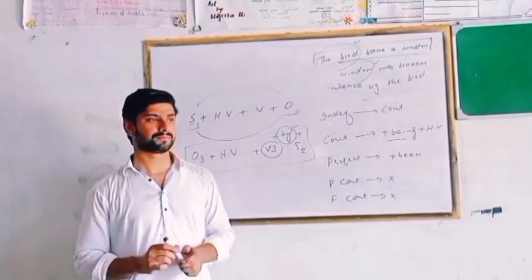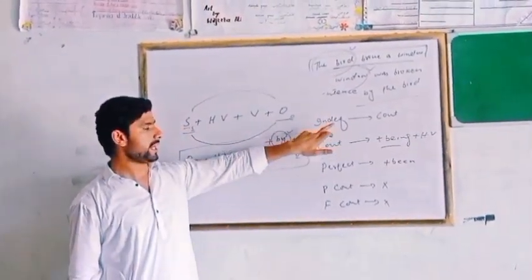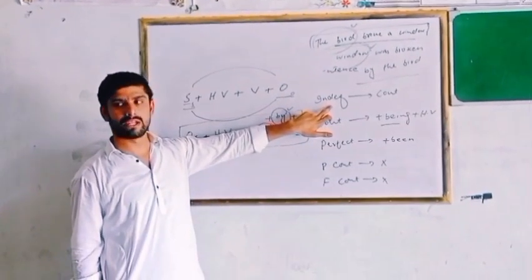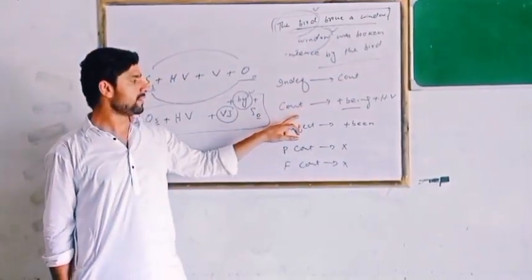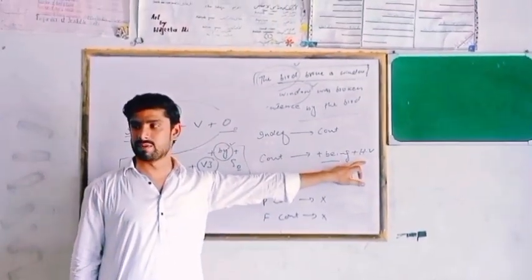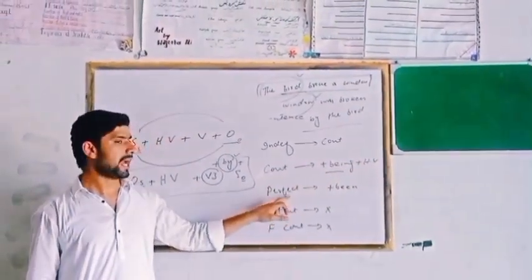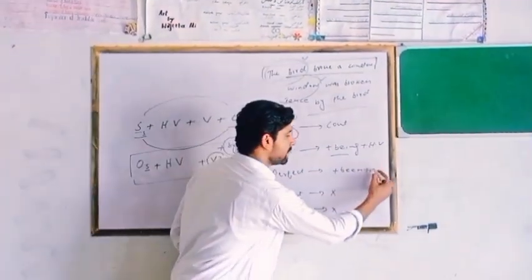Getting that one right? Well, so let me repeat it. If the helping verb is of indefinite, we are going to change it into continuous. If the helping verb is of continuous, we are going to add plus being with the existing helping verb. Okay? And if the helping verb is perfect, we are going to add plus being with the existing helping verb.